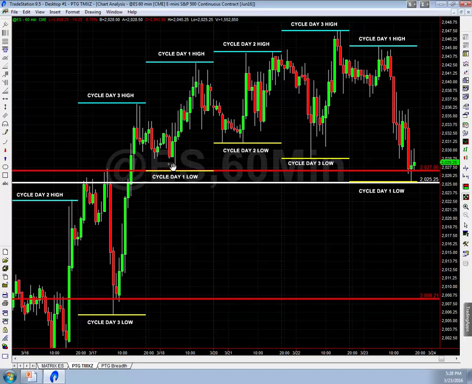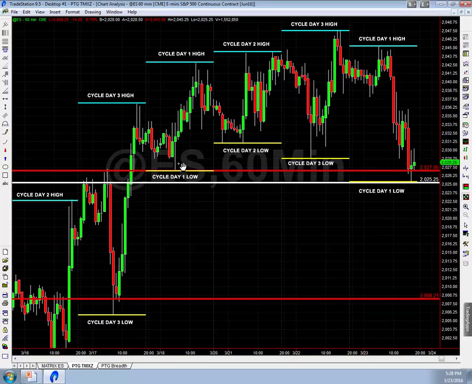From cycle day 3, the expectation is a pullback into cycle day 1 to find a new secure low. Momentum has a lot to do with how deep a pullback goes. If you can visualize here, it should be fairly simple. On this cycle day 3, there was a lot of momentum to the upside, and that momentum does not reverse that easily.